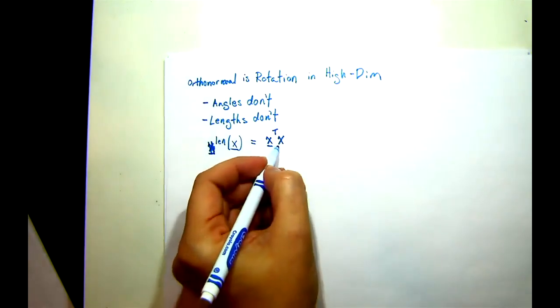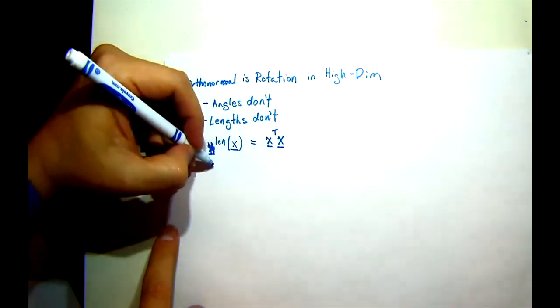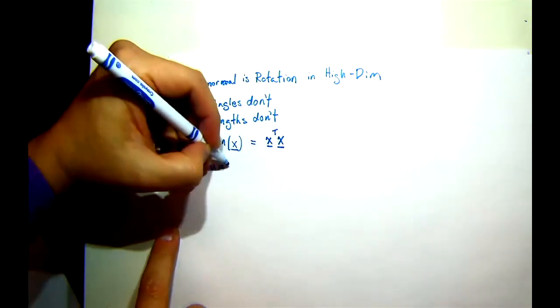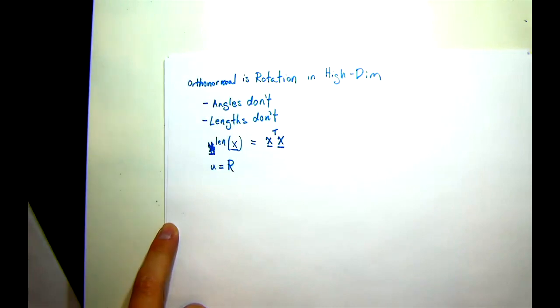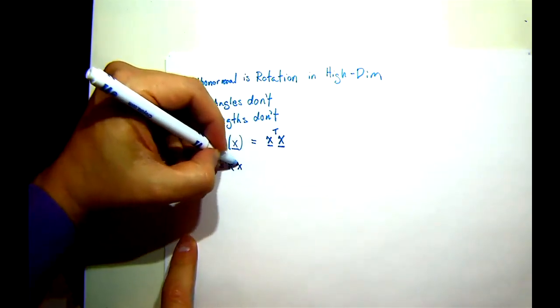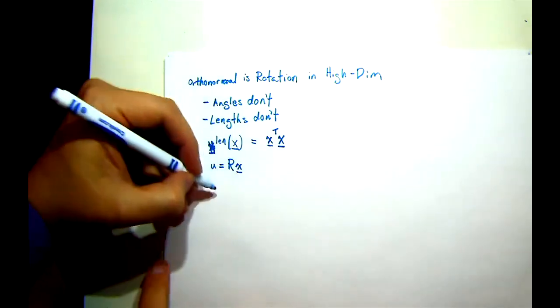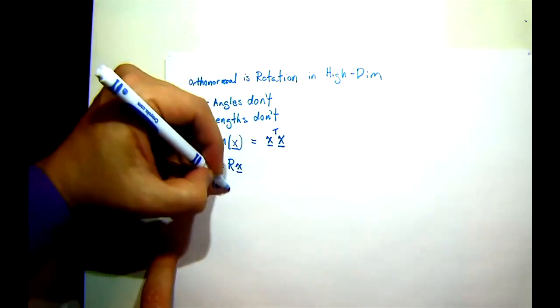Now it's actually the square of the length, but we don't care about that. And then we define some u equal to r x, where we call it r just to denote that it's a rotation. What we want to prove is that the length of u is the same as the length of x.